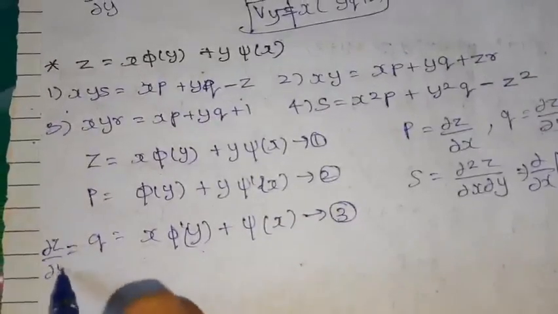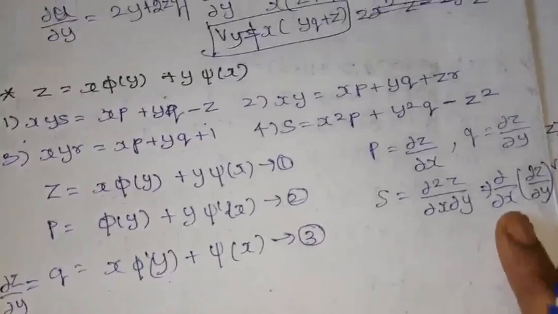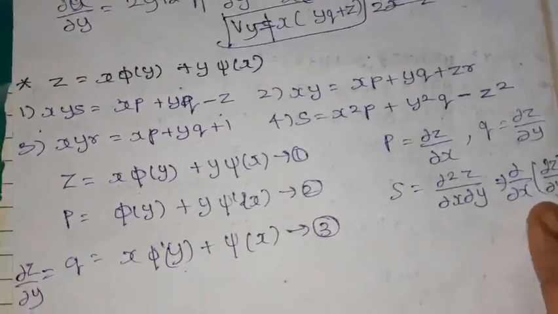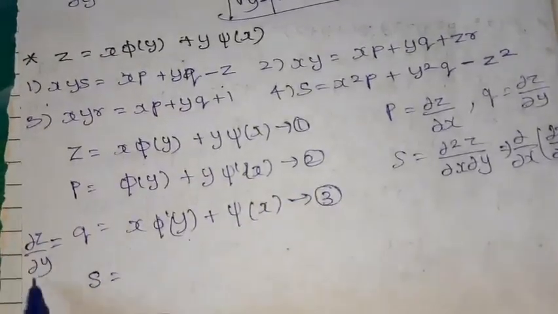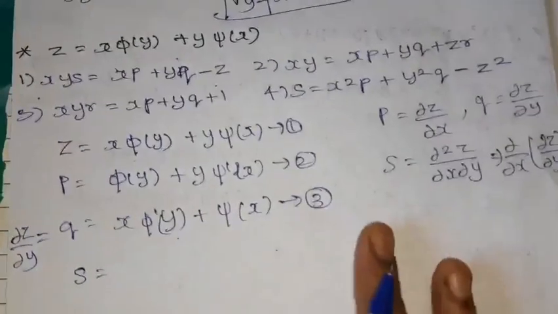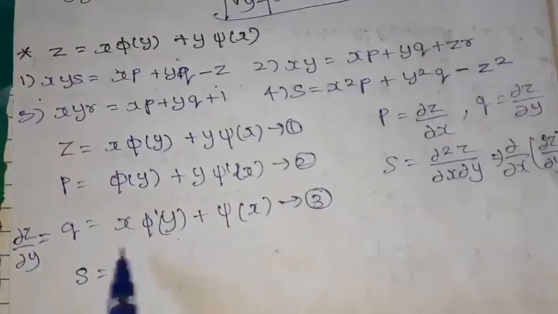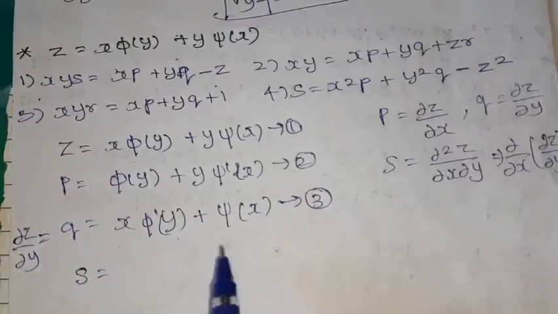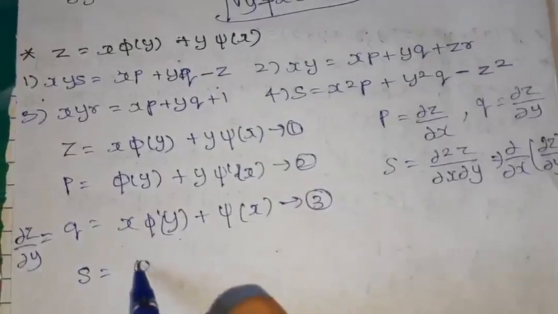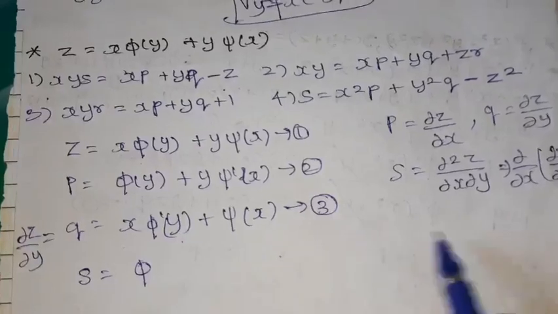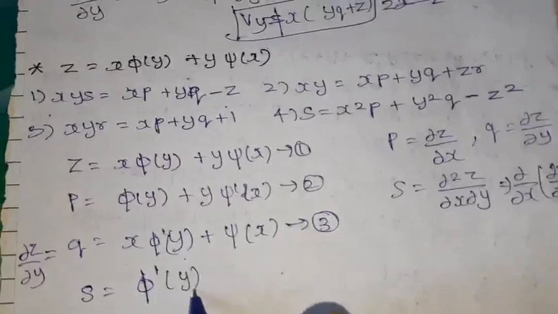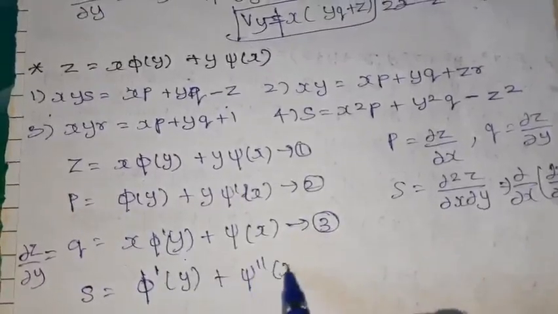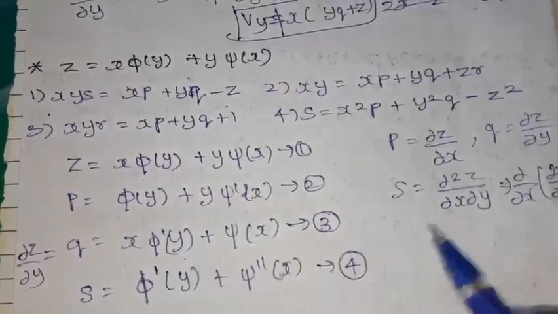So we need to differentiate partially with respect to x in this equation 3. What will we get? Dou squared z by dou x dou y is nothing but s. So differentiating equation 3 with respect to x, this is phi dash of y plus psi double dash of x. See, it is equation 4.